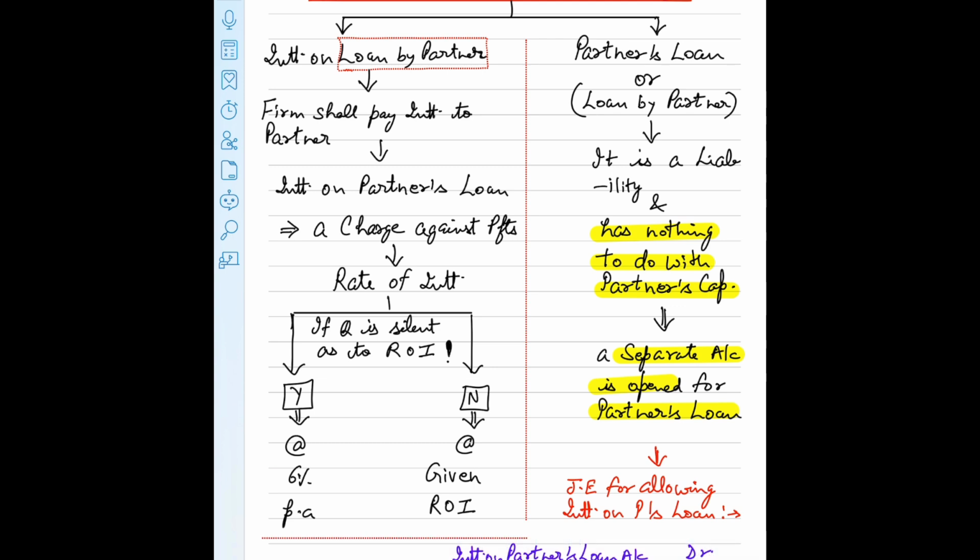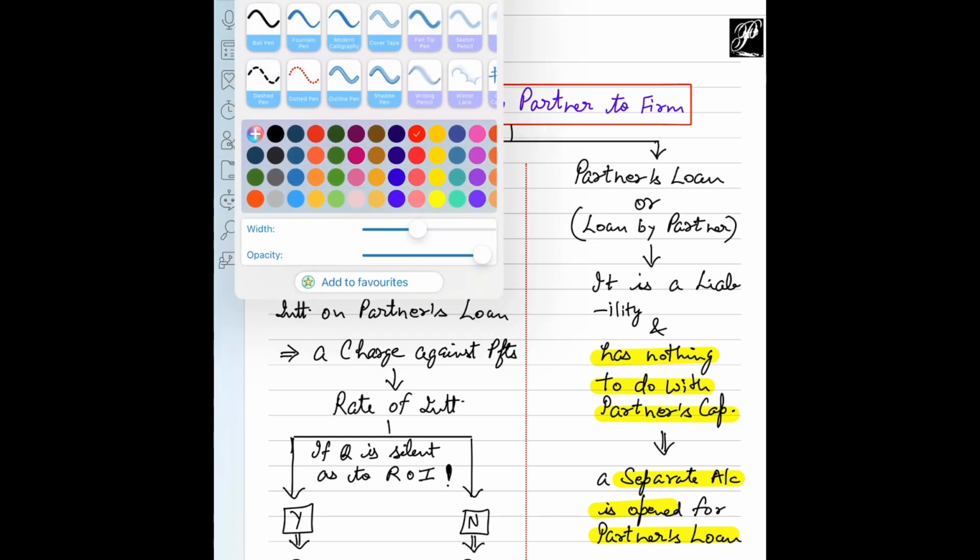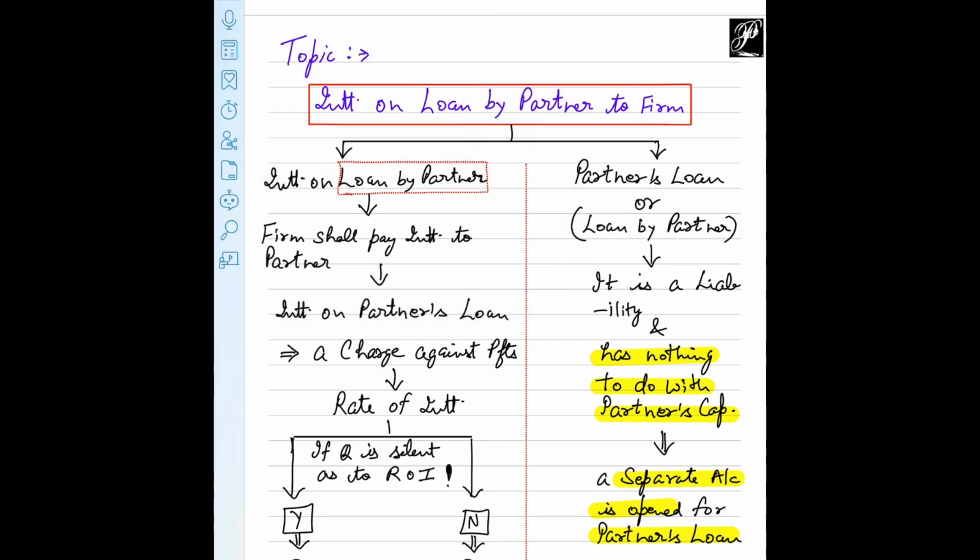So we discussed a topic called interest on loan by partner to the firm and the partner's loan also. The topic was loan by partner to firm plus interest on loan by partner to firm.